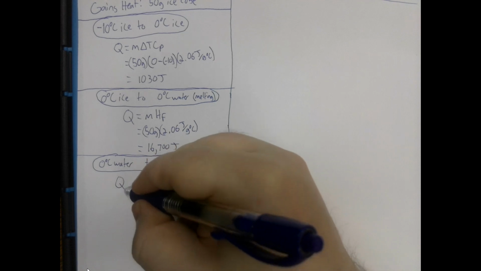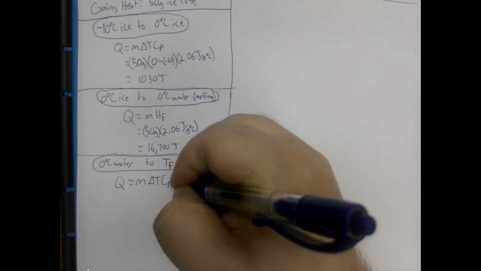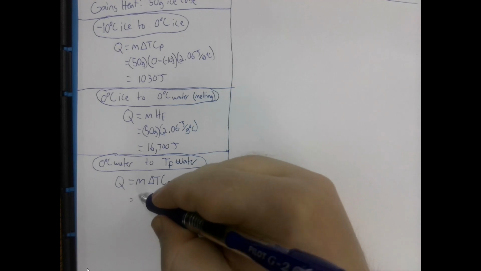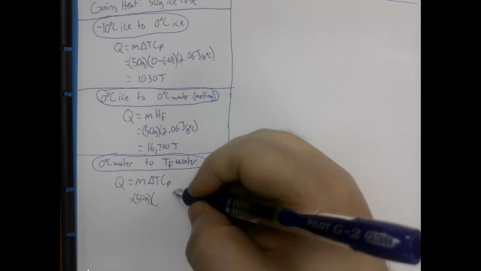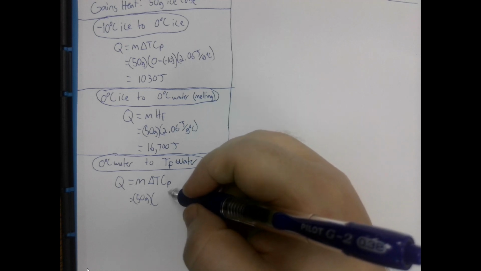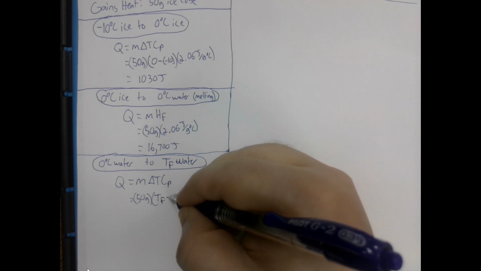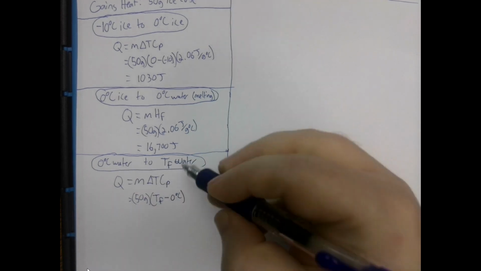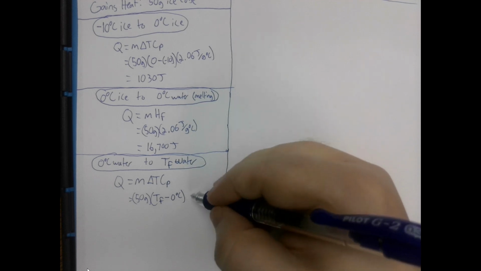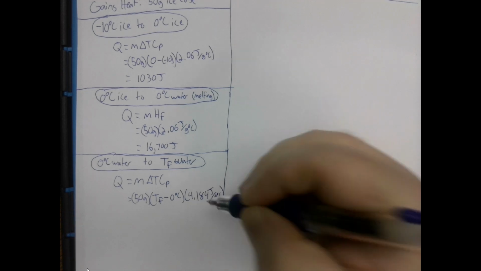We will use the change in temperature equation, mass times delta T times specific heat. The mass is 50 grams. Change in temperature is final minus initial temperature, so final minus 0. And we're in the water phase, so we use 4.184 joules per gram degree Celsius as Cp.